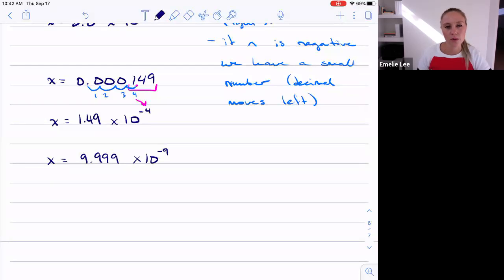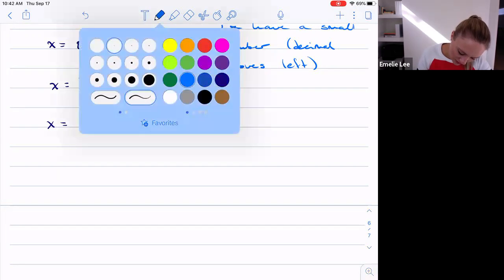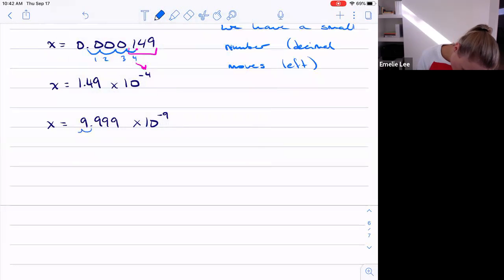I want you to try to rewrite that just as a decimal. If I have 9.9999, maybe too many nines there, times 10 to the negative 9, then this decimal has to move 1, 2, 3, 4, 5, 6, 7, 8, 9. Right?